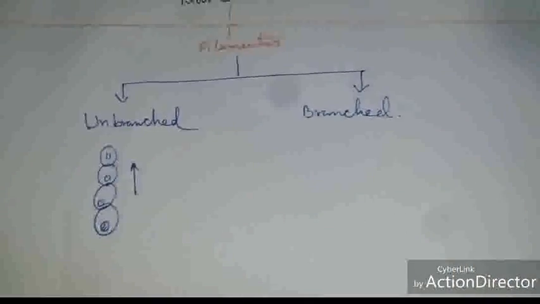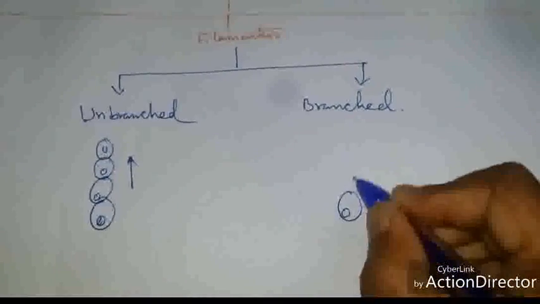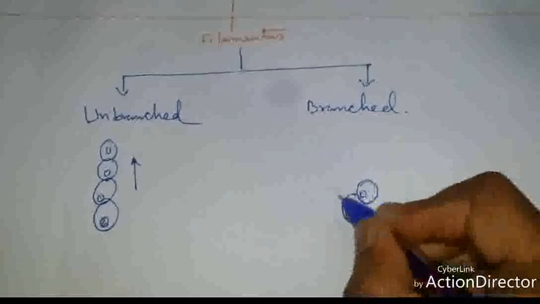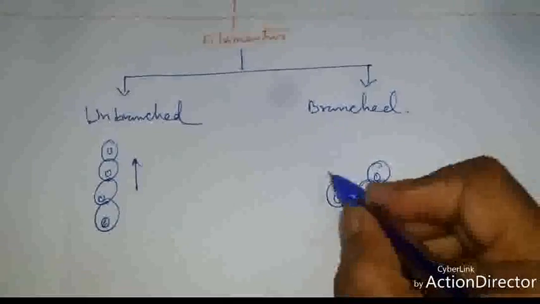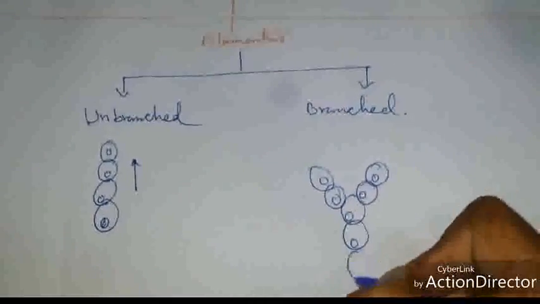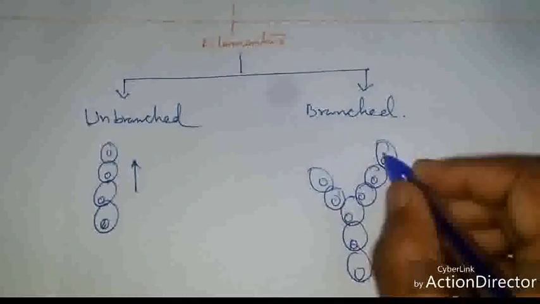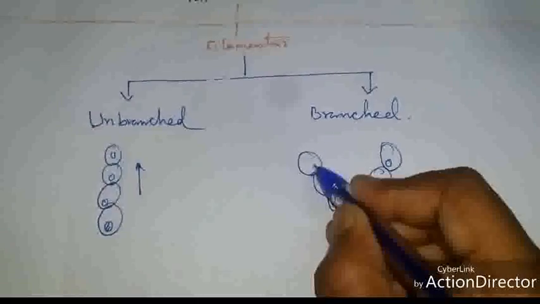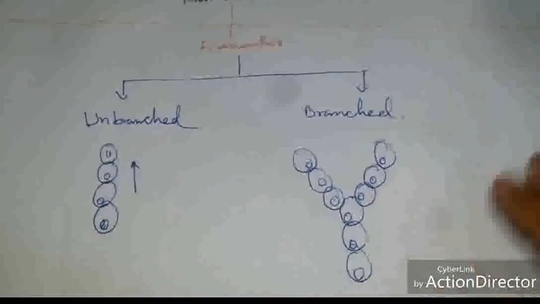And in branched, cells are divided in any part or any direction. So it forms a branch like structure and it makes a branched filamentous thallus.